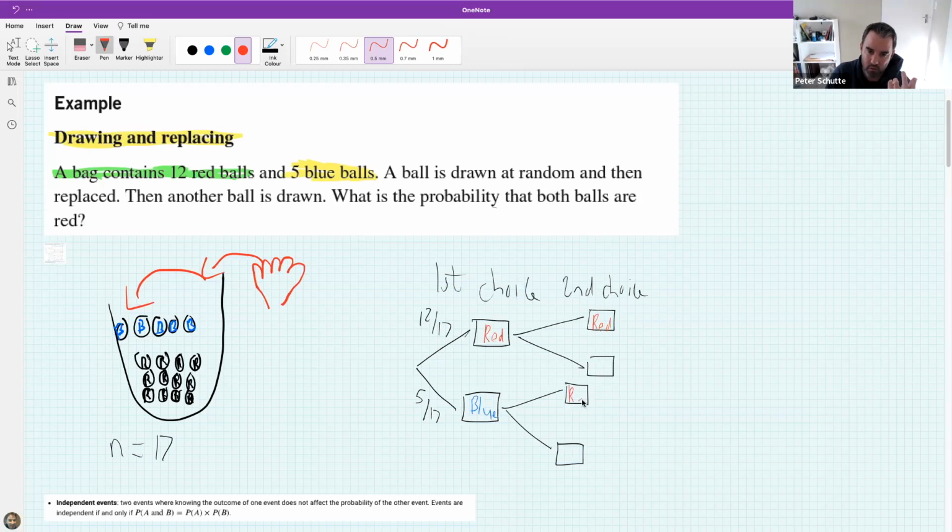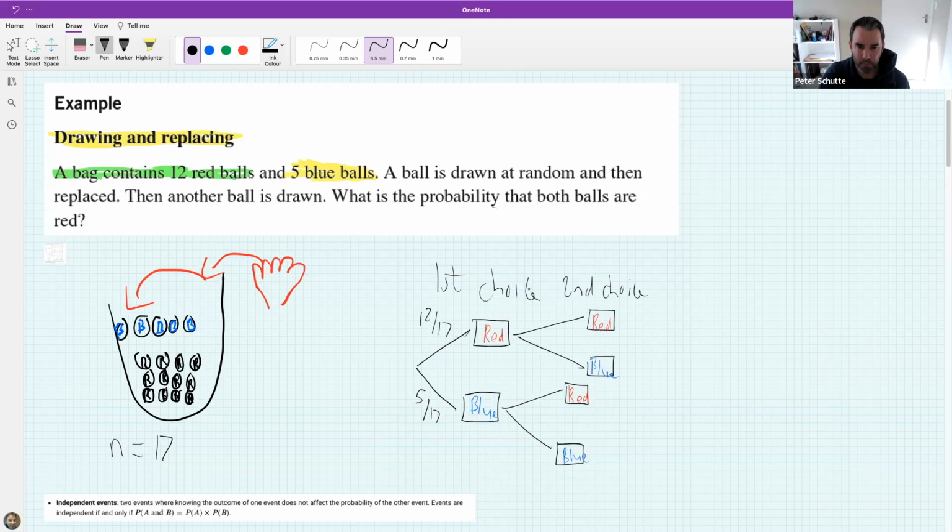Red, red, and blue, blue. Now, for the second choice, because it says here a ball is drawn at random and then replaced, when we say replaced, we literally mean that it was put back inside the container.